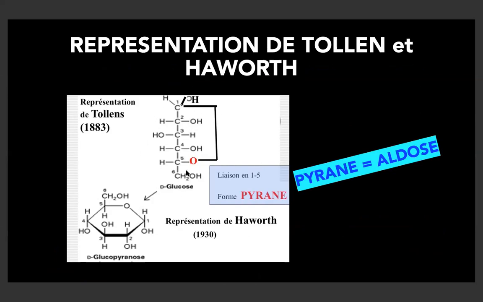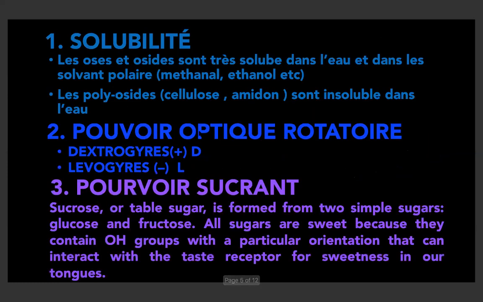Now the glucose here has an orientation of D. That's dextrogyl. So this is an example of one. Not forgetting that in chemistry we have what you call enantiomers. An enantiomer is when you put your hand on a mirror.